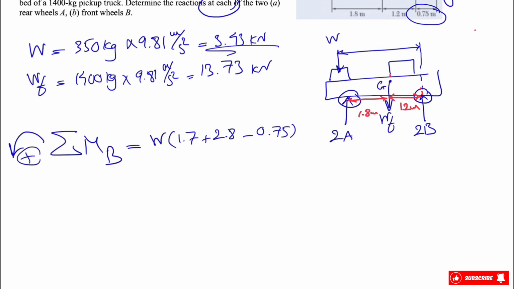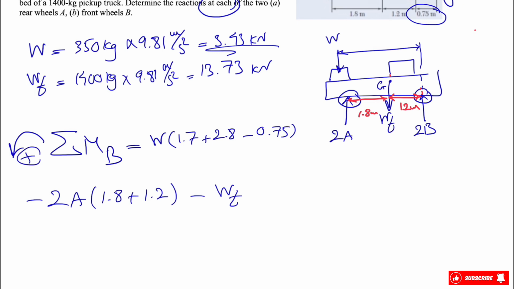Let's move on to the moment of 2A. As we can see, 2A is going to make a clockwise moment, so we have a negative sign. So 2A times the distance, which will be 1.8 plus 1.2, which are givens in the question. The last one is the moment of the weight of the truck.